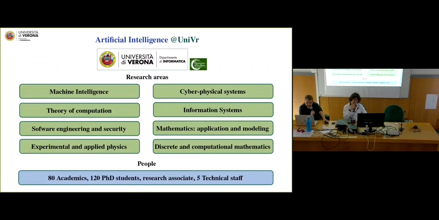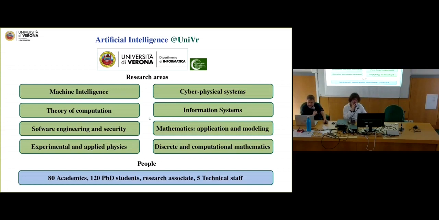So as Professor Farinelli mentioned before, artificial intelligence at the University of Verona: the department is quite a large department with 80 academics, 120 PhD students and research associates, and 5 technical staff. We have several research areas, in particular these eight areas.